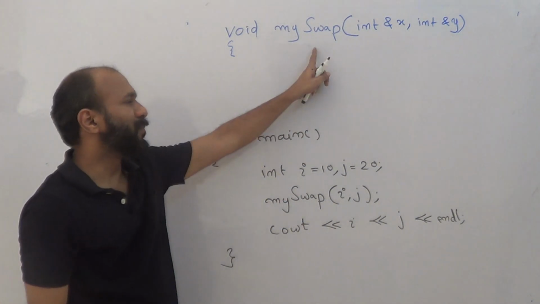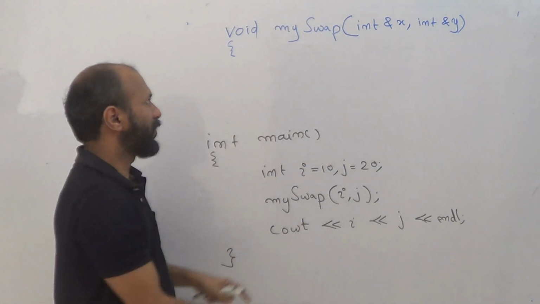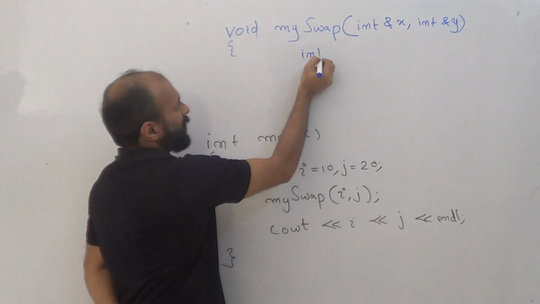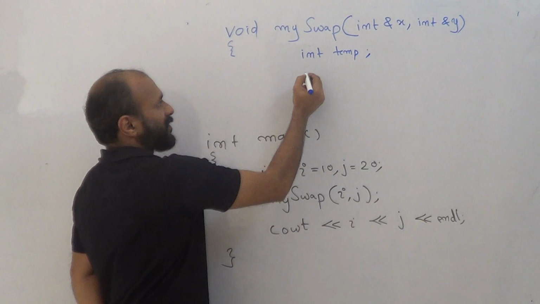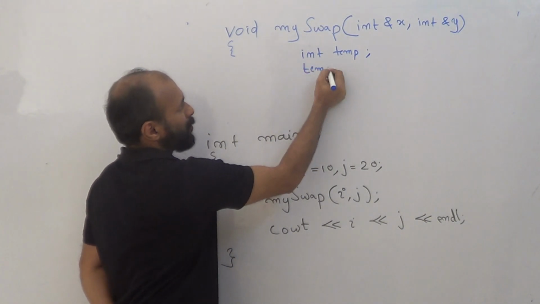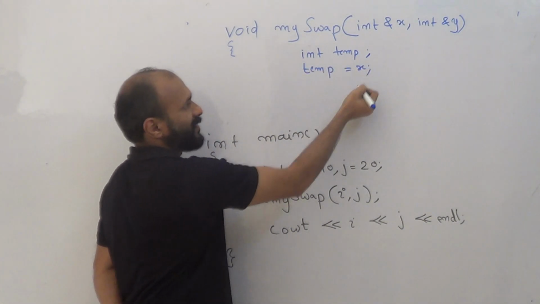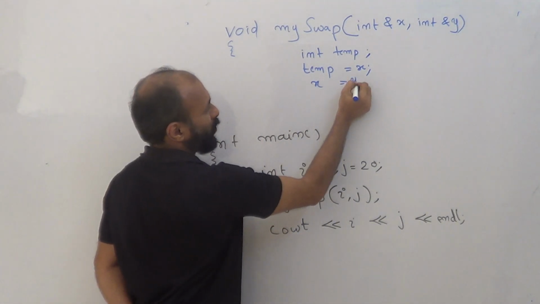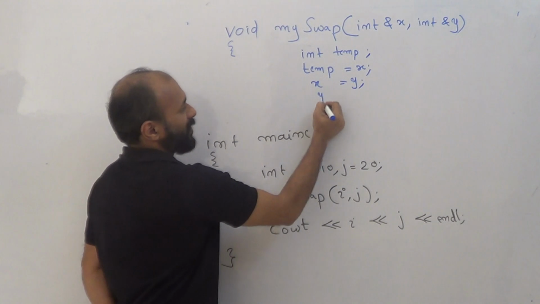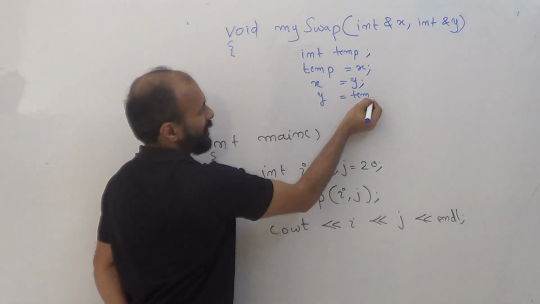Now I want to implement the logic of the swapping. Here I am using int temp. Next line I am writing temp which is equal to x. Next line I am writing x is equal to y, then y which is equal to temp.